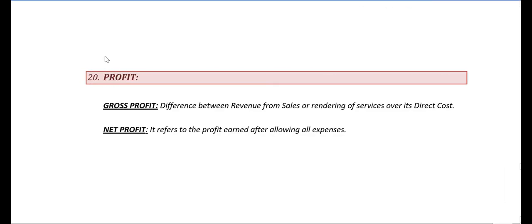20th term, profit. Profit may be gross profit or net profit. Gross profit is the difference between the revenue from sales or rendering of services over its direct cost. So sales minus direct cost of goods sold is gross profit.